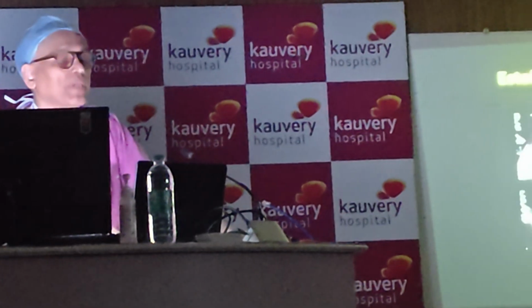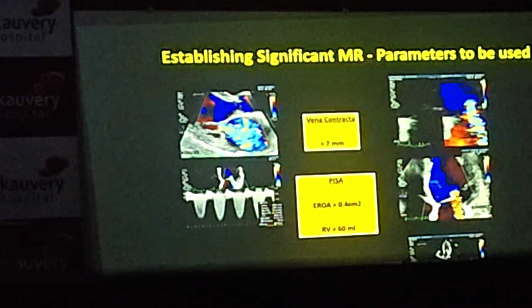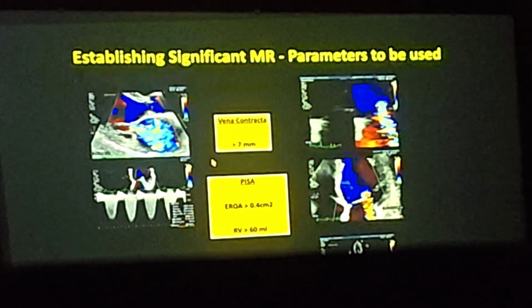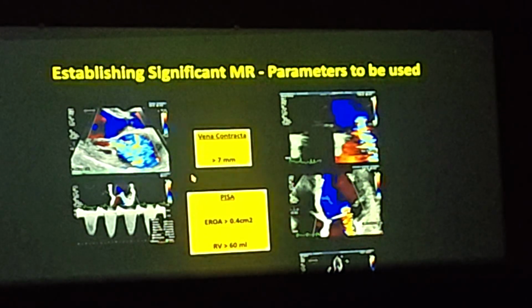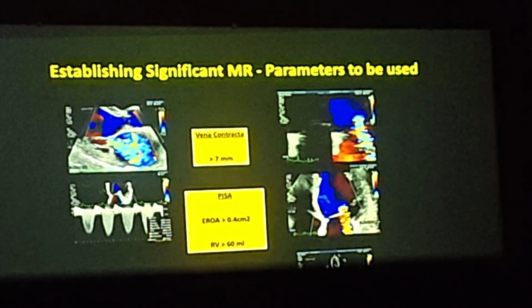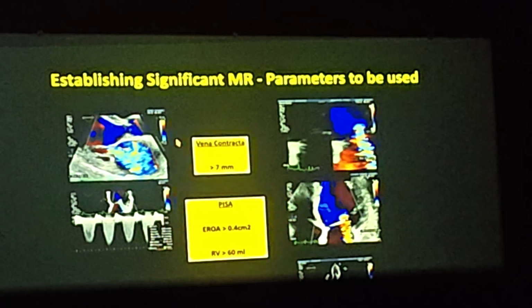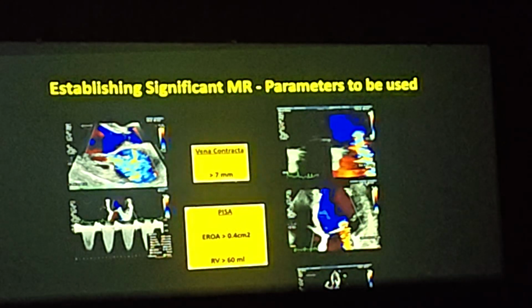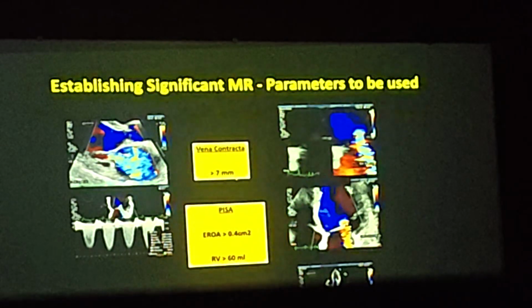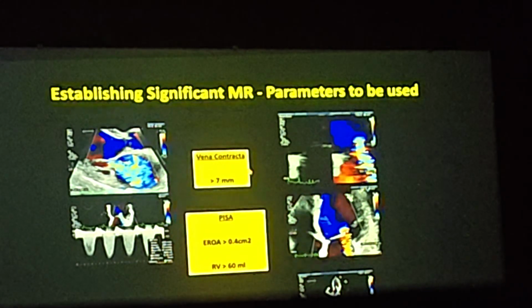And when you're using the vena contracta, it has to be in two views, so always make sure, because the orifice may have an oval shape, and then if you check in one view, you may not get the ideal vena contracta. So the recommendation is always to have two views, and if you have a biplane probe, a 3D probe, you can get a biplane view, and that makes it even better.